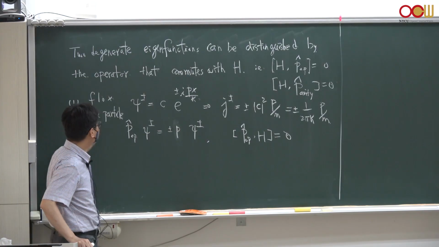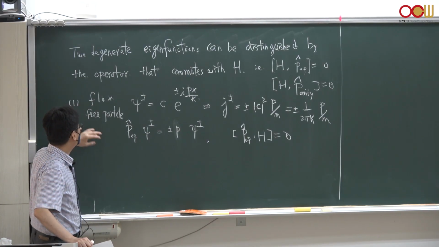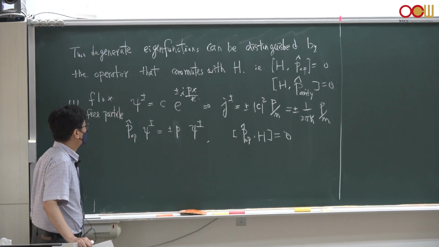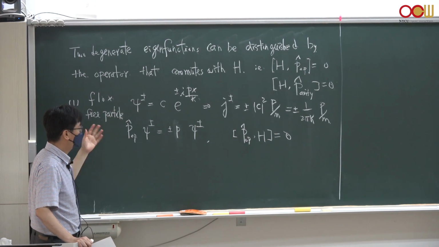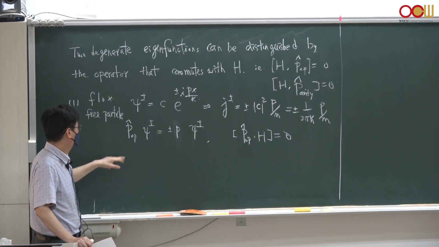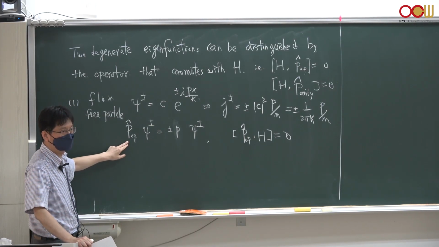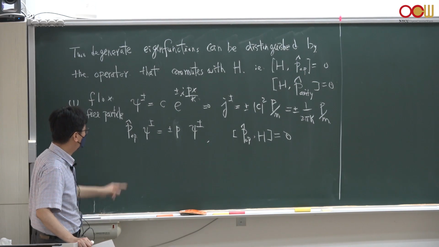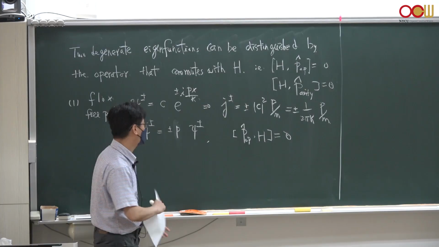So let's look at this first example, the free particle in the box, or this psi plus minus eigenstates. We could distinguish whether this particle is moving to the right or to the left by applying the momentum operator. Remember that if we apply the momentum operator acting on this psi plus minus, we'll get the eigenvalue plus or minus p, right?